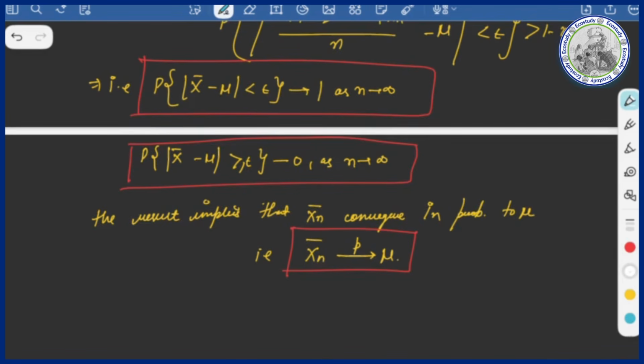Now I will show one important formula, that is the Khinchin theorem of the weak law of large numbers. This theorem is not important from the JAM point of view, I just write it here for your future knowledge. What does it mean?